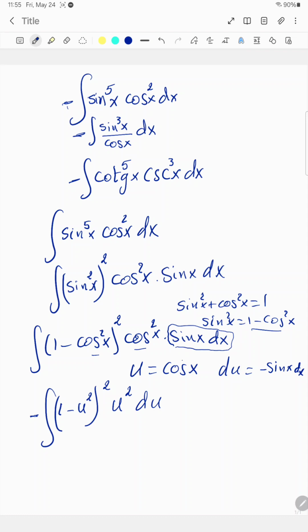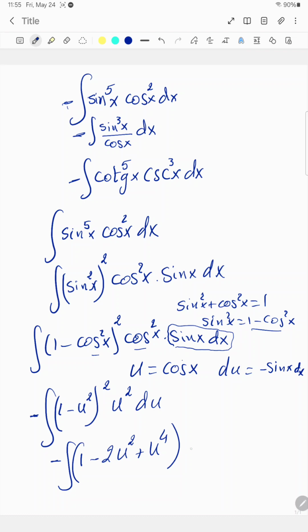So this is the minus here. It is equal to minus the integral of (1 minus u square) squared, which is of the form (a minus b) squared, that is a square minus 2ab plus b square. So it is 1, which is a square, minus 2 times a, which is 1, times b, which is u square, plus u to the power of 4.